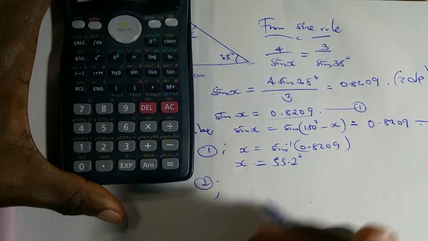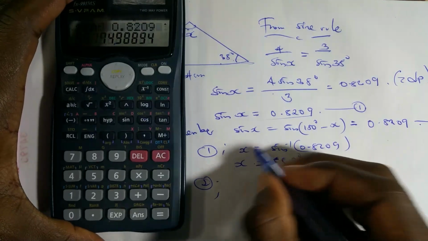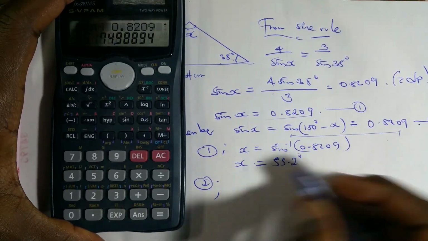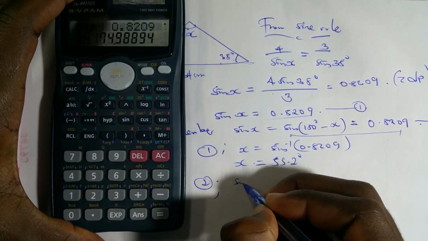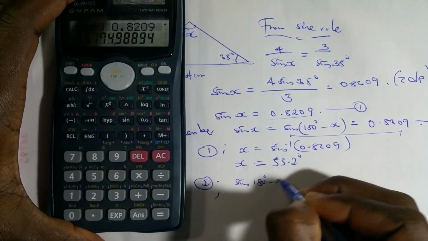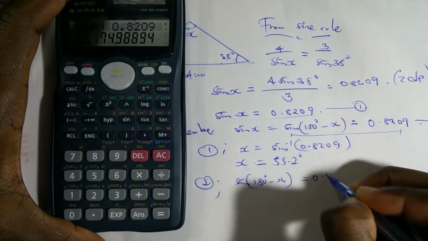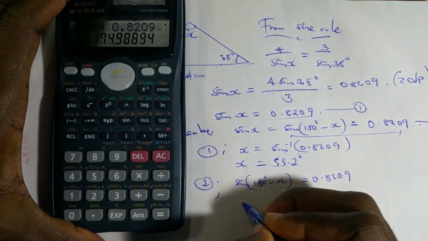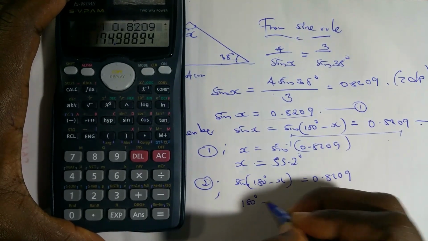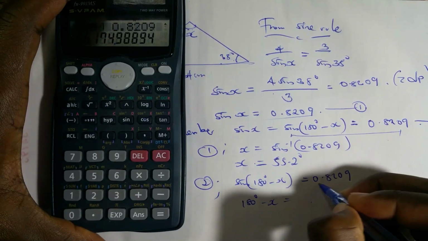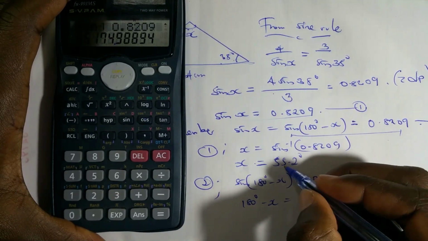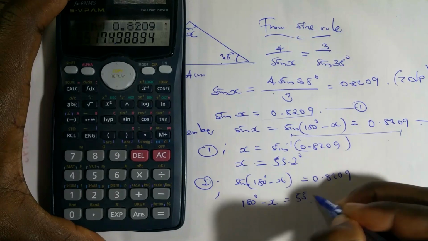Now how about for the case of 2? In case our x is obtuse, that means we are considering this other part now. So we have sine of 180 minus x giving us 0.8209. What does it mean? 180 minus x is actually equal to arc sine of that, which we got to be 55.2 degrees.